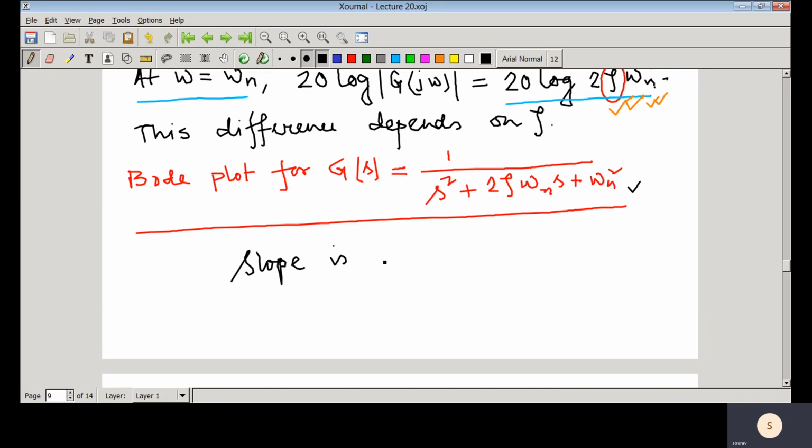Here the slope would be minus 40 dB per decade, and the angle would be minus 180 degrees, whereas in that case it was 180 degrees. Here the slope of the angle is minus 90 degrees per decade.